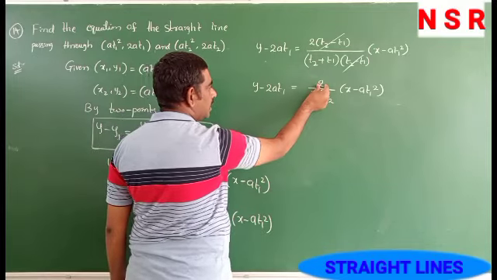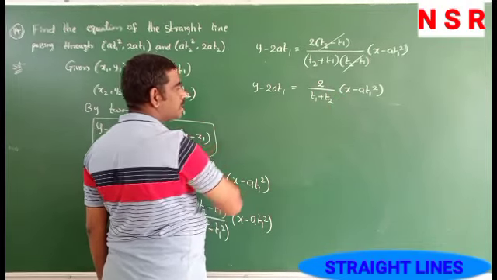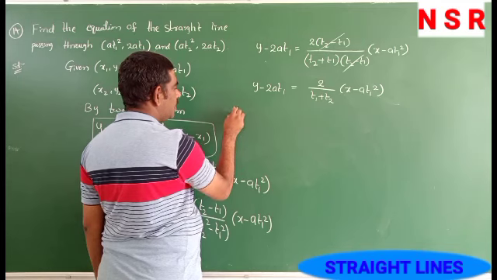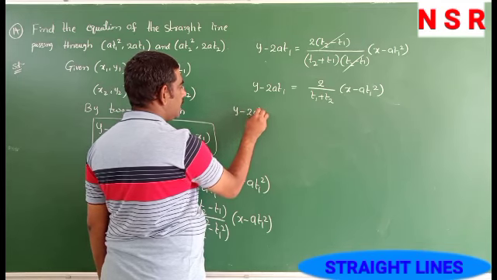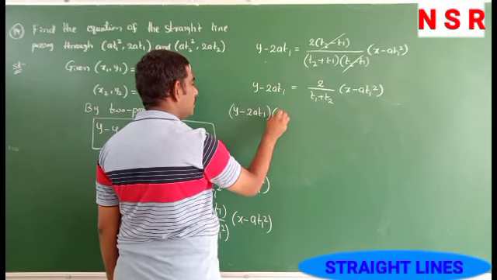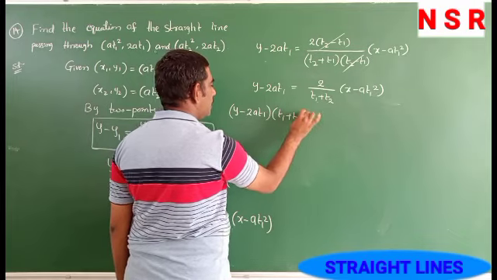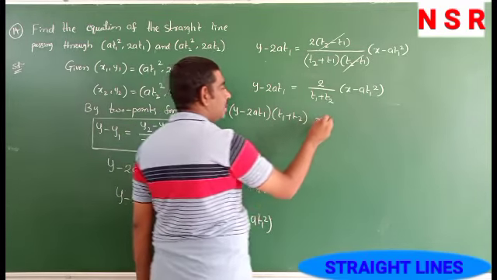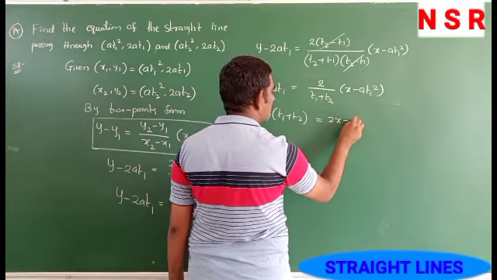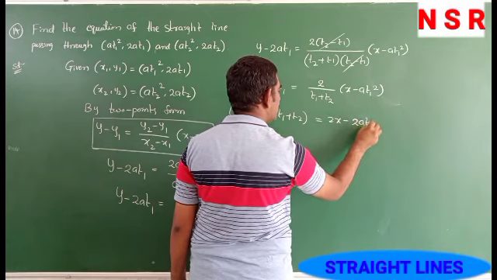So here the numerator 2 multiplies that side and t1 plus t2 multiplies here, we get y minus 2a t1 into t1 plus t2 equal to 2 into x, 2x minus 2a t1 square.